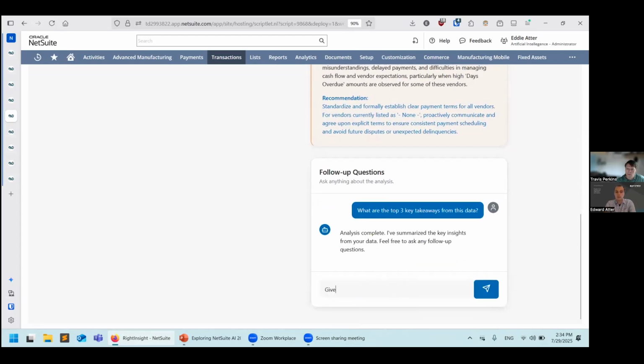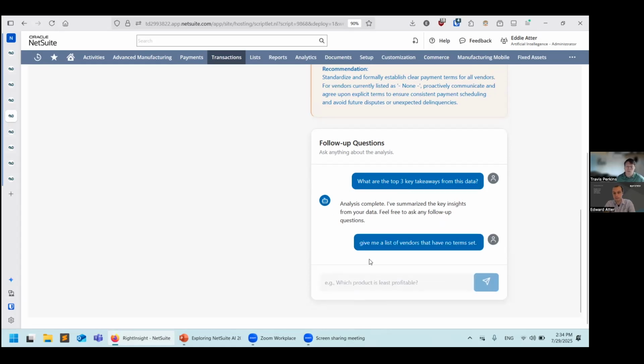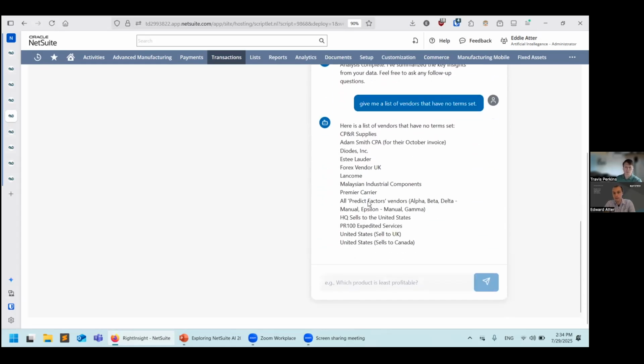So I'm going to say, give me a list of vendors that have no terms set. And I can see here it's looked over the data set and found that these vendors don't have any terms, which means I need to go to those vendor records and correct those.